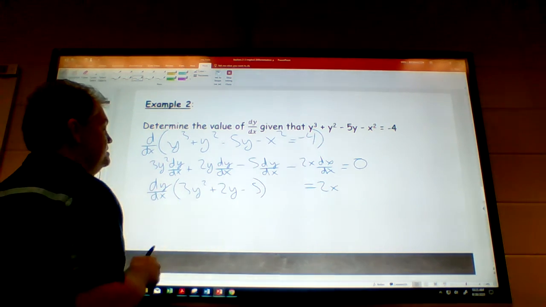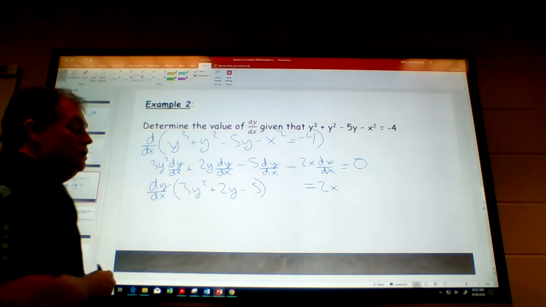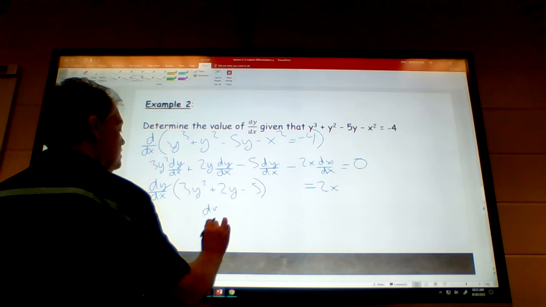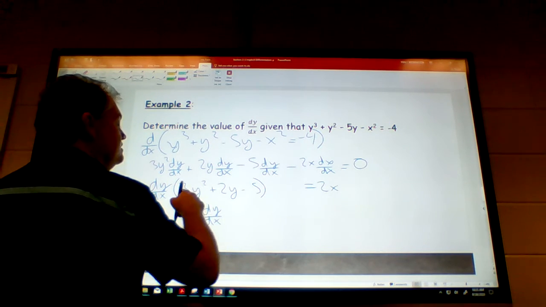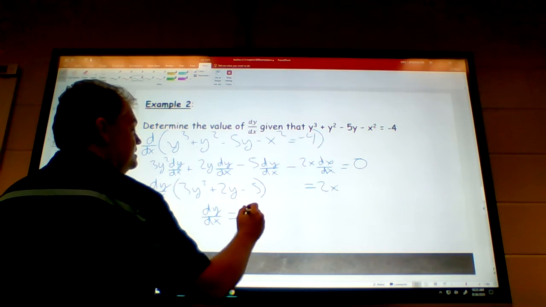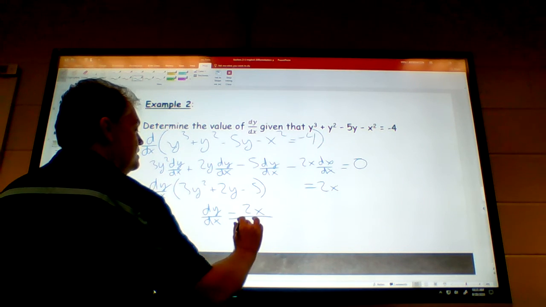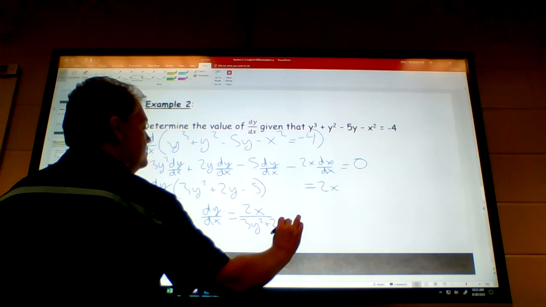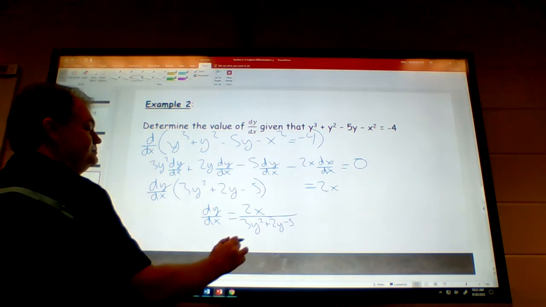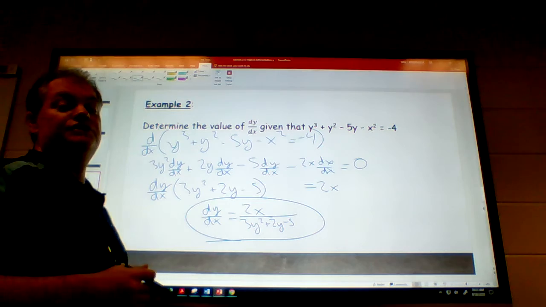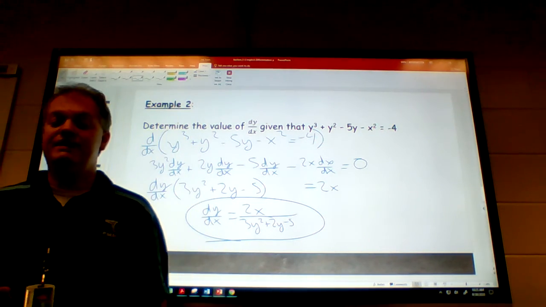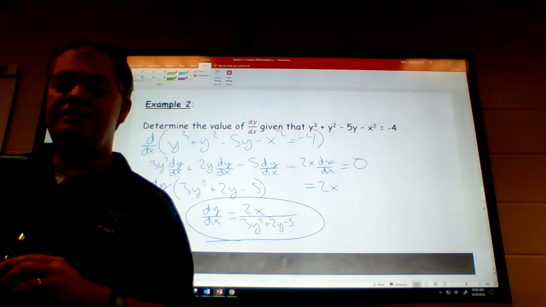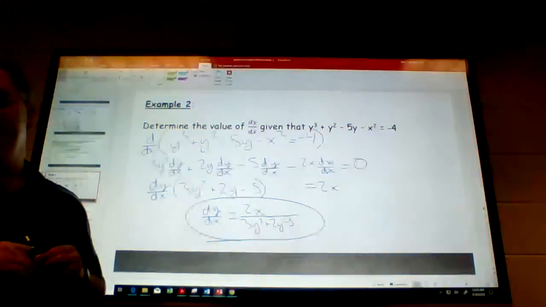Well, I'm still trying to get dy over dx by itself, so I'm going to divide both sides by 3y to the second plus 2y minus 5. And you are going to have to take it to the very end, because you are looking for the value of dy over dx.